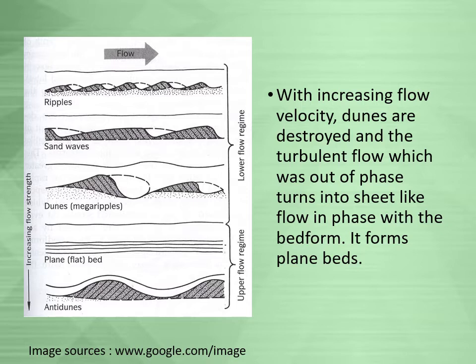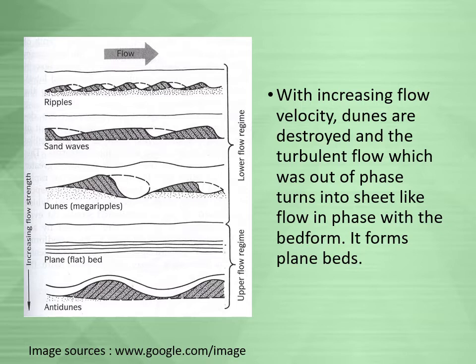At these conditions, the dunes previously formed in the lower flow regime, where the Froude number is less than 1, are destroyed, and at Froude number greater than 1, again some plane lamination or flat beds are formed after destroying the dune structure.